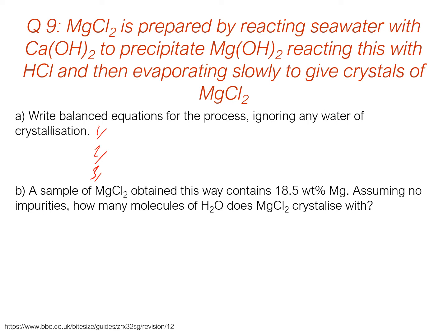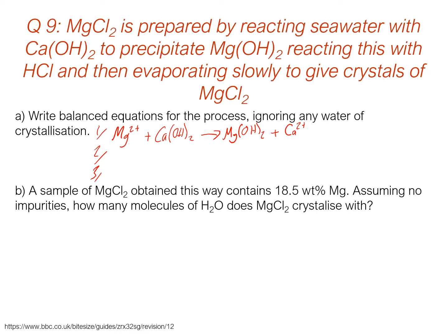So we're looking at it as Mg2+ from the seawater, and then reacting this with calcium hydroxide, and that will give us the magnesium hydroxide, like the question told us, and calcium 2+ cations. And that seems balanced as it is.